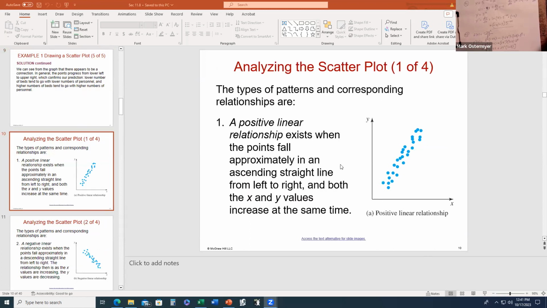All right, so ladies and gentlemen, if we go out into the real world and collect an ordered pair data set and then come back in and construct a scatter plot, how can we interpret what the scatter plot is telling us about the X and Y data?